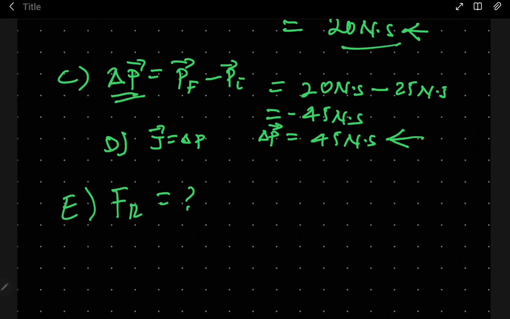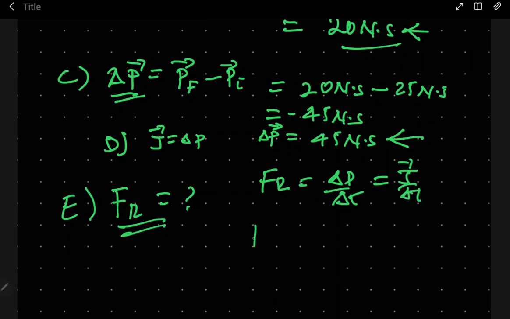On E we are asked to calculate the net force. From Newton's second law in momentum form, F resultant is equal to change in P over change in t, or this is basically J over change in t. So the resultant force is equal to J divided by the change in time.